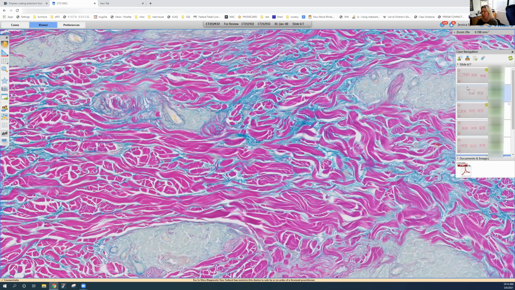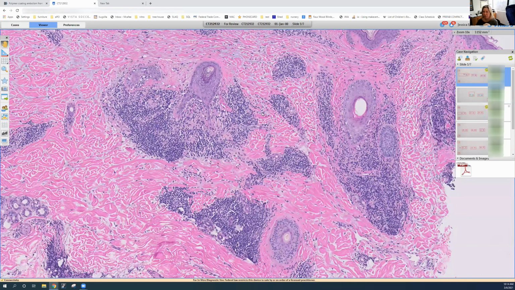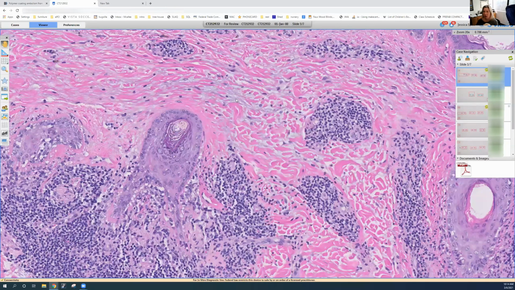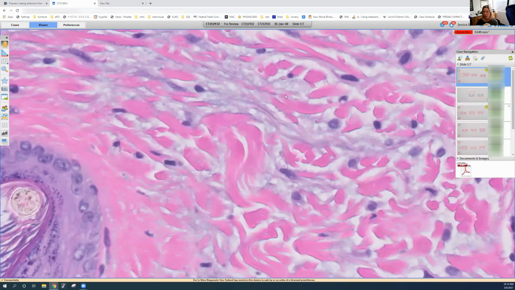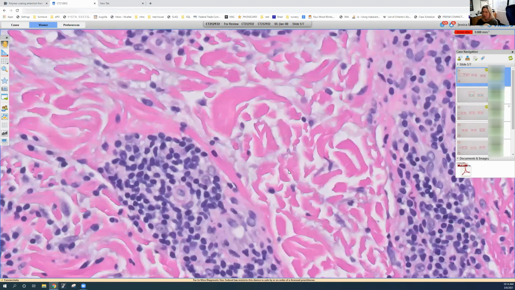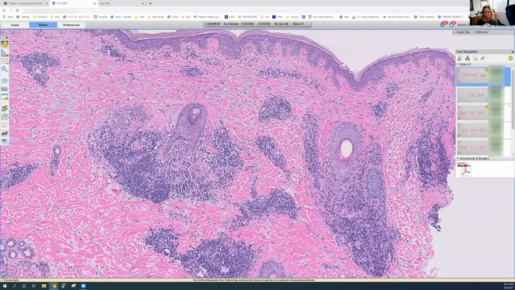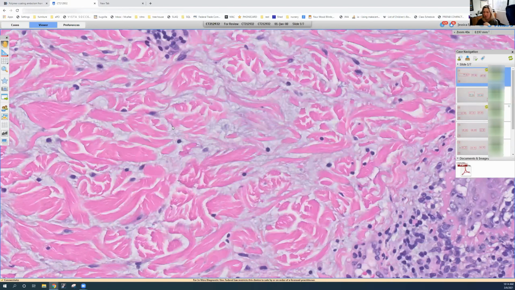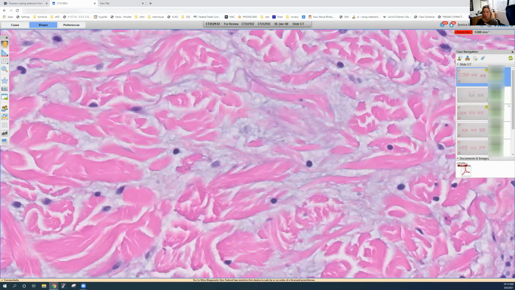If we go back up to the H&E, you can see there is some solar elastosis, but a little bit deeper, here we've got that kind of stringier, more delicate, almost lace-like bluish material. That's the mucin.